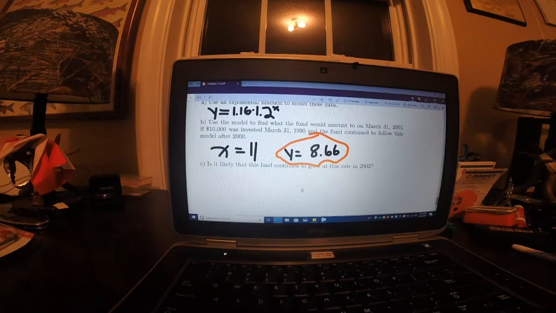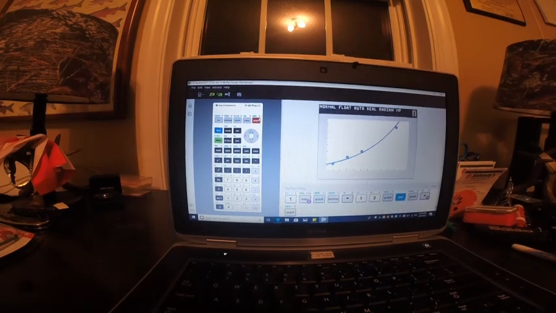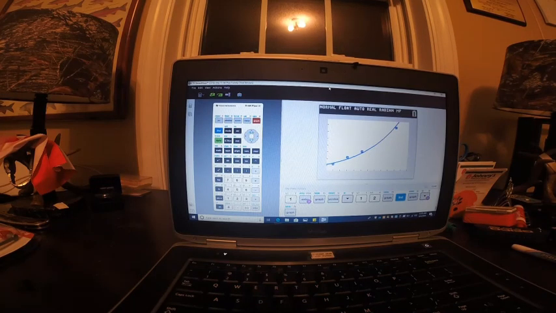But what did happen after 2002 was the World Trade Center was attacked, which caused a stock market tumble, and it probably wouldn't have continued to increase, actually didn't continue to increase at this rate after 2002. So major catastrophes like that can really affect financial situations.